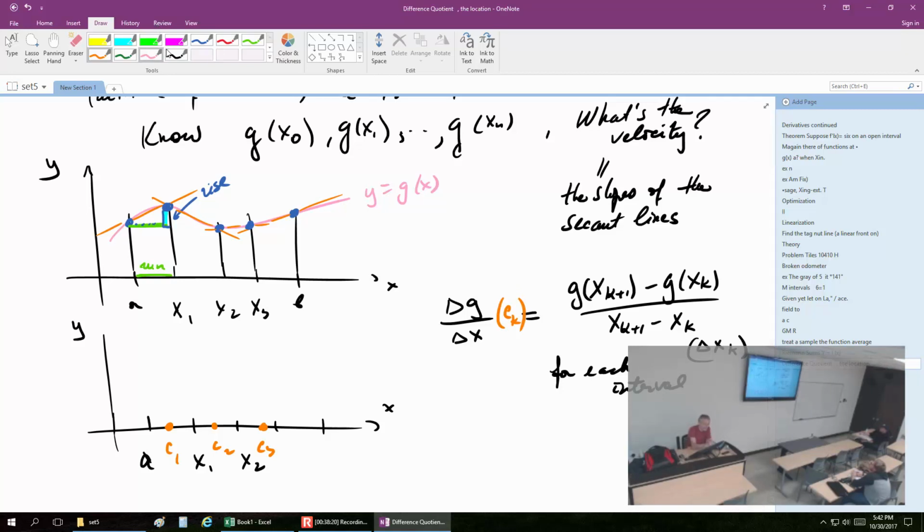If I'm looking at the very first interval, let's suppose I have computed the slope. It becomes the value of my function. Well, in fact, how about I put a bar here once again.